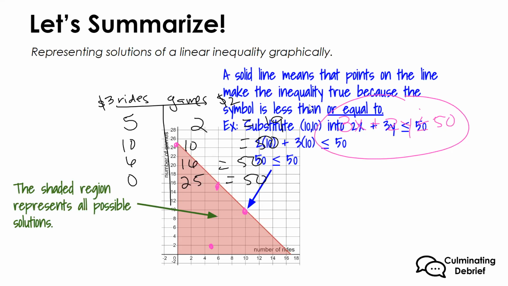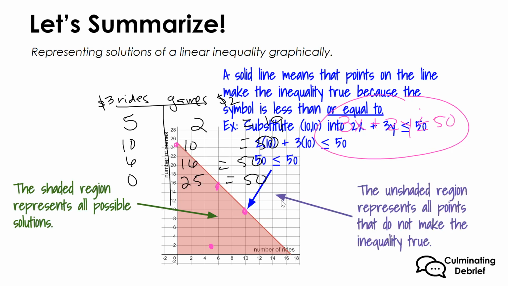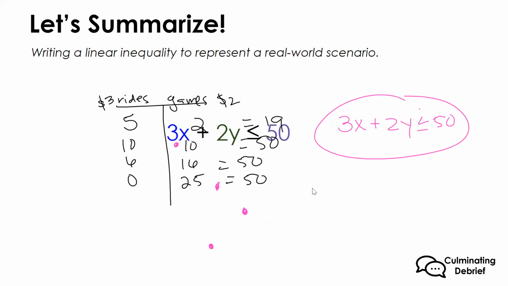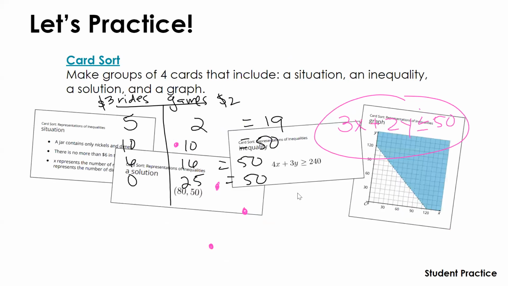Now, if they are on the solid line, then that means they're included points, so they're part of the solution. If this was a dashed line, you could not find a solution on that line. The unshaded region represents all the points that do not make the inequality true. So we wrote out our inequality.